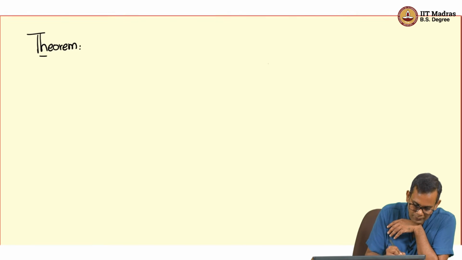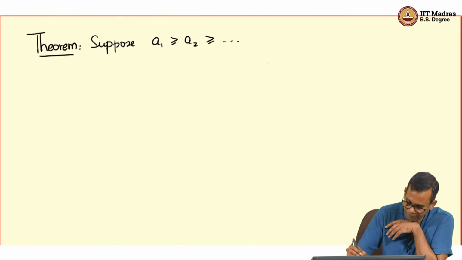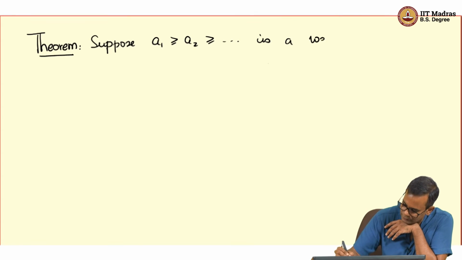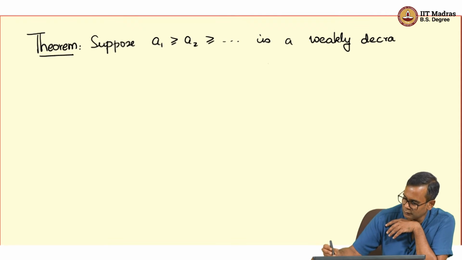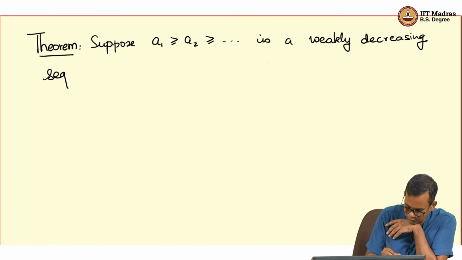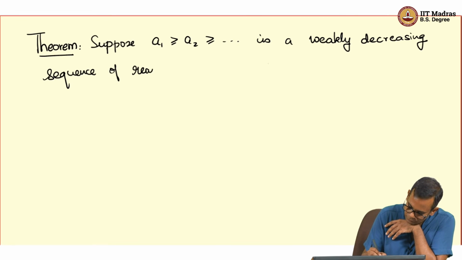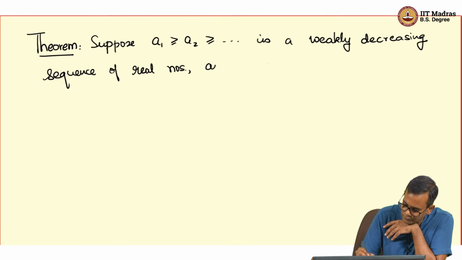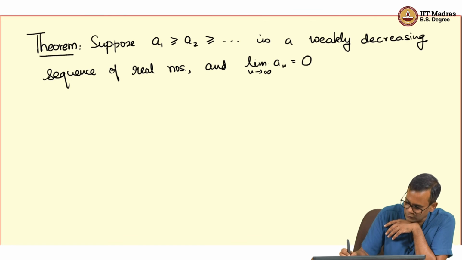Suppose we have a sequence a_1 greater than or equal to a_2 greater than or equal to and so on, a weakly decreasing sequence of real numbers, and the limit as n tends to infinity of a_n is equal to 0.